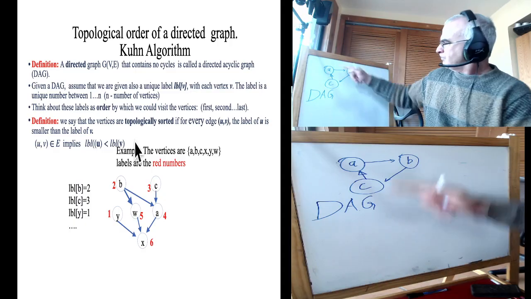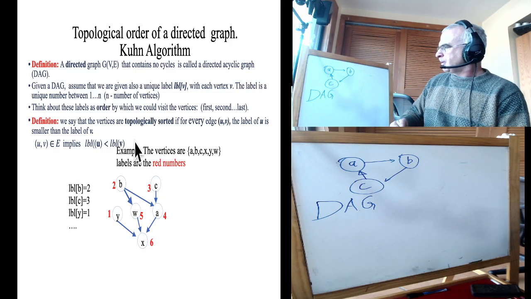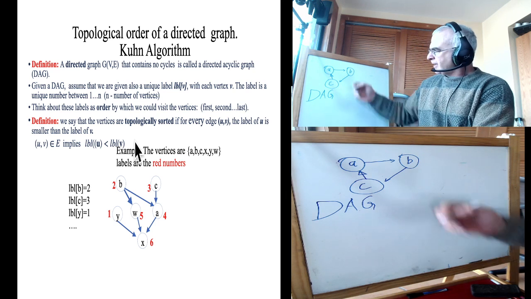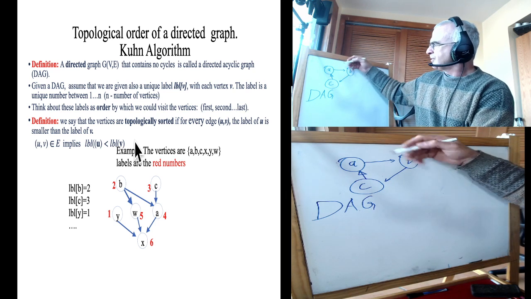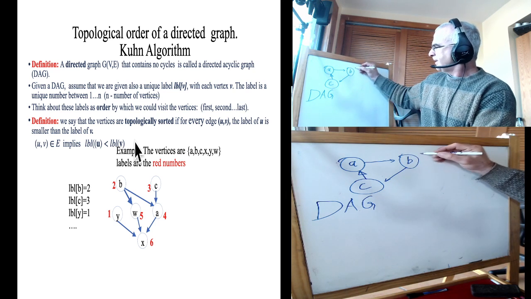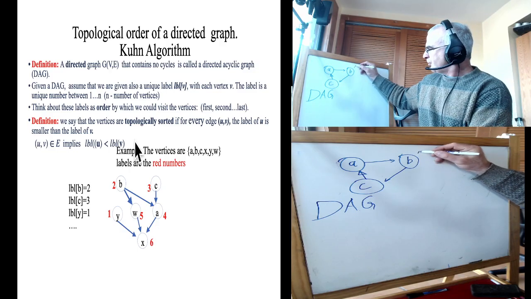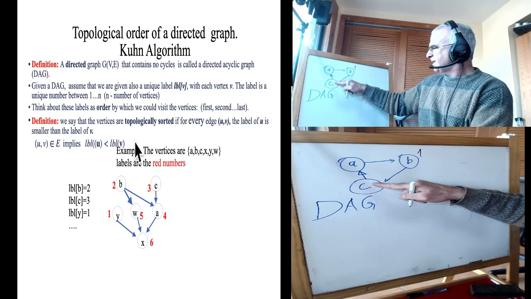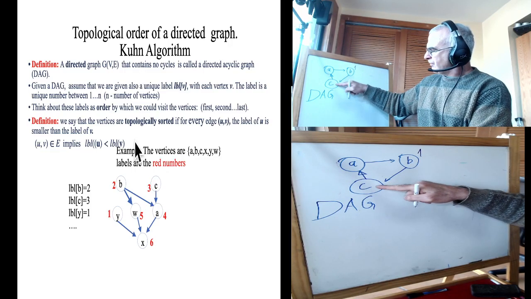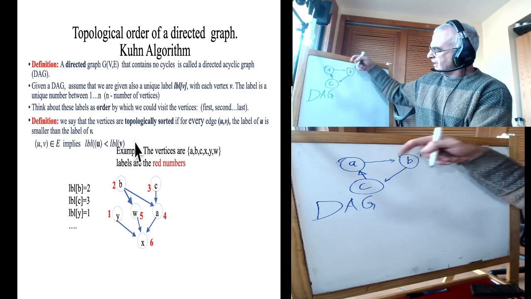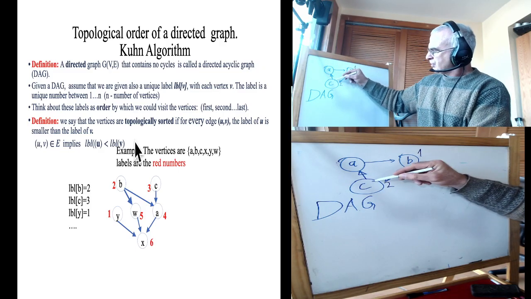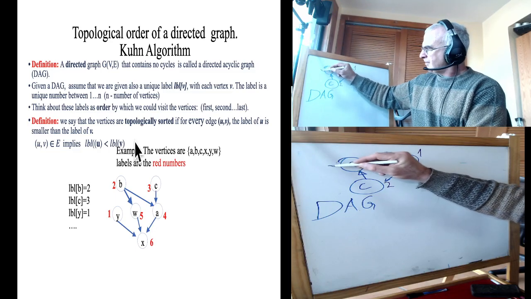Obviously, if I try to assign a topological order to this graph, it's pretty much hopeless, because any attempt, let's say I give B the label of 1, then I need to give C the label of either 2 or 3. If I give it a label of 3, I don't have any label to give to 1, so let's give C the label 2, which gives A a label 3.